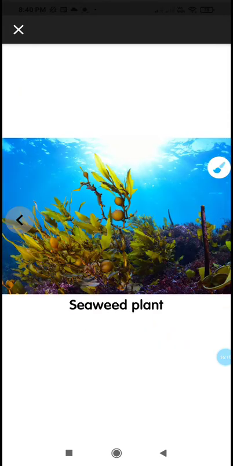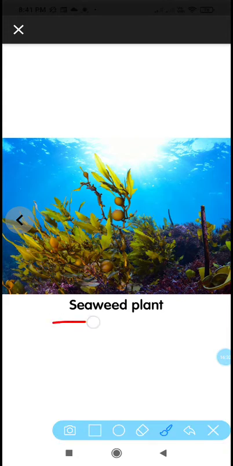You just did the activity and found that you couldn't see any parts from outside because the plant is totally inside the water. That's why they are also called submerged plants.